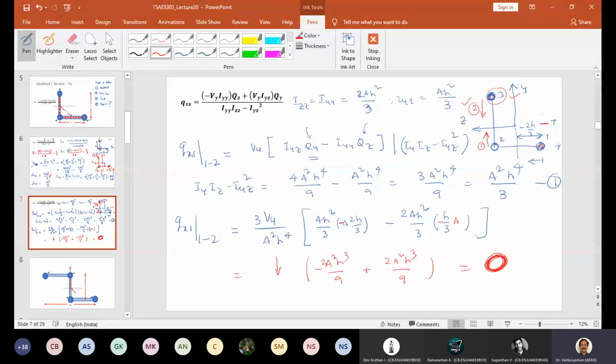Minus Vy by h. Obviously, you can see that Q 2, 3 or 3, 2 now. Q 3, 2 is what you are going to get if you are coming from top to bottom, assuming this direction: minus Vy by h. Check it out. Are you getting it or not?